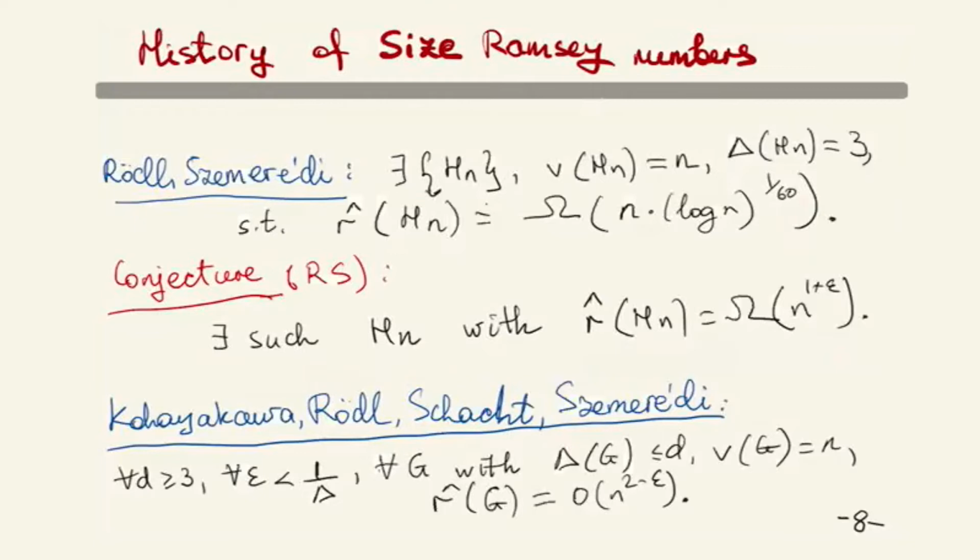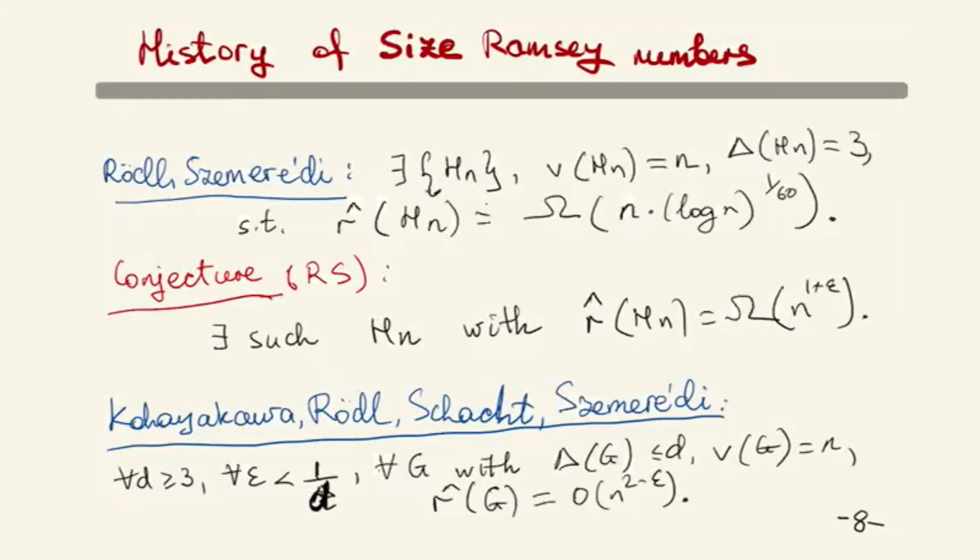From the other end, meaning from the upper bounds, what we do know is that if you fix your maximum degree d, then, oh, here there's a mistake, for any epsilon less than 1 over d, any graph G with maximum degree at most d and n vertices has size Ramsey number bounded by n to the 2 minus epsilon.